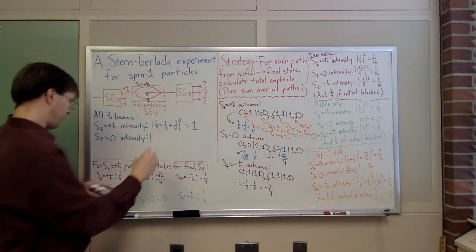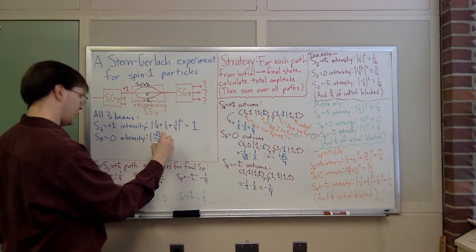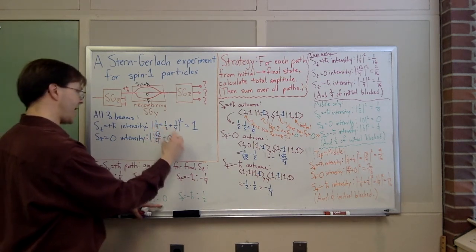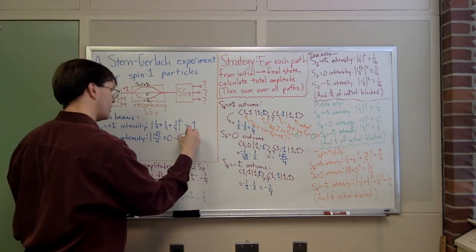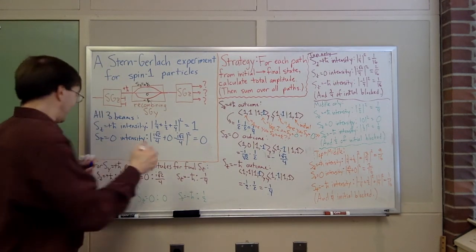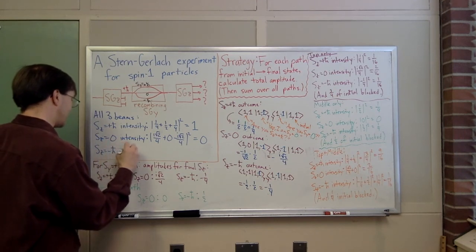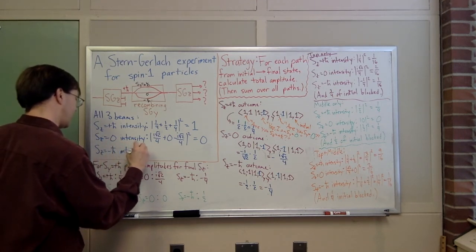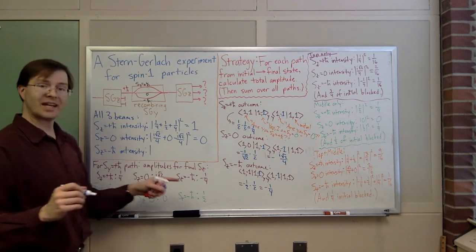What's that give me? My first path gave me an i square root of 2 over 4, plus 0 my second path, and this one gave me a minus i square root of 2 over 4, squared. That's just 0 because those canceled out. Yay! And then Sz equals minus ħ intensity. You're seeing where this is going already. I know, but I may as well write it down. I have to play this out to the bitter end. I'm going to add them up.